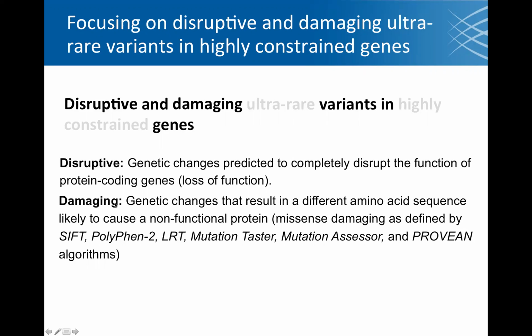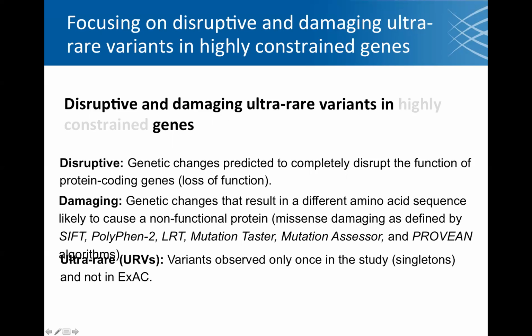I will specifically speak about damaging missense mutations, so missense mutations which have been predicted to be damaging by a combination of different algorithms. Finally, we look at ultra-rare variants. Ultra-rare variants, I think Giulio spoke about it, are variants that are observed only once in the study. So they are singletons in the study of interest that I'm examining, and they are not in ExAC.